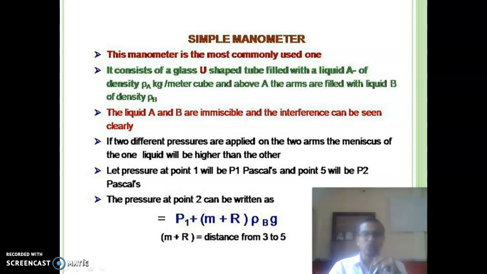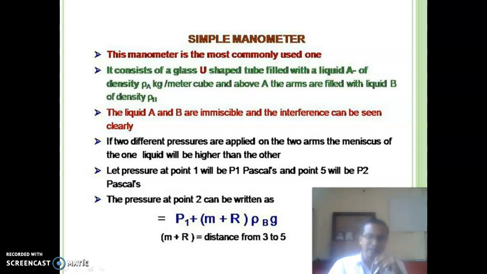If we want to find out the pressure at point 2, how can we write it? By this expression we can find out the pressure at point 2. The equation is P1 plus (m plus r) rho b g. M plus r means what? The distance from 3 to 5.